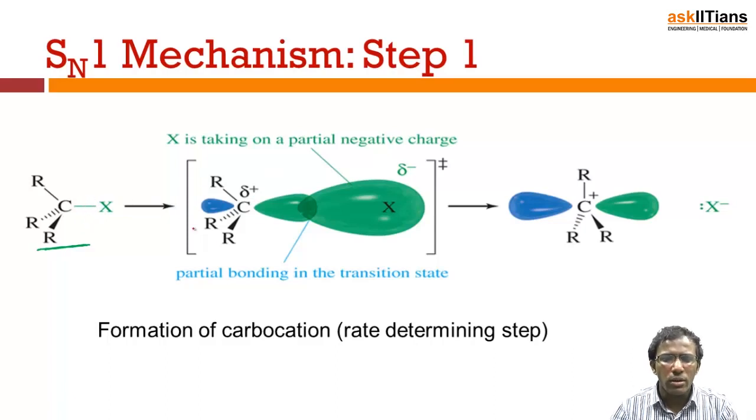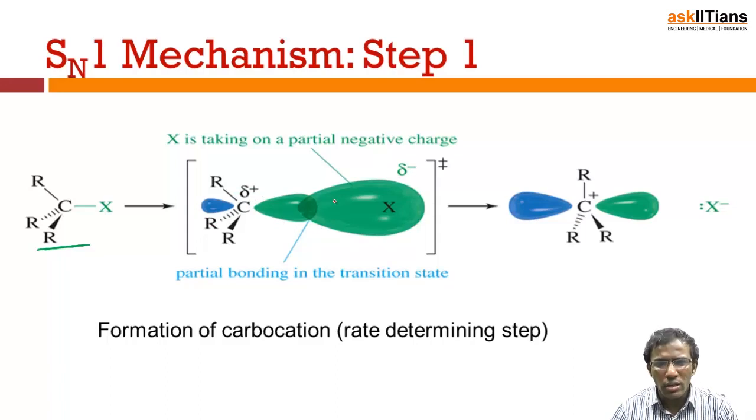Here we get a transition state, right? In the transition state there is a partial bonding. This is a full bond, but due to the electronegativity difference, X will get a partial negative charge and C will get a partial positive charge. During the transition state, this bond is going to be weakened.